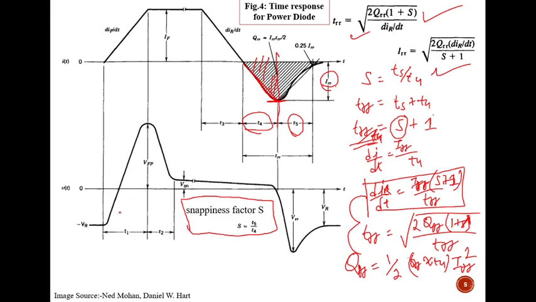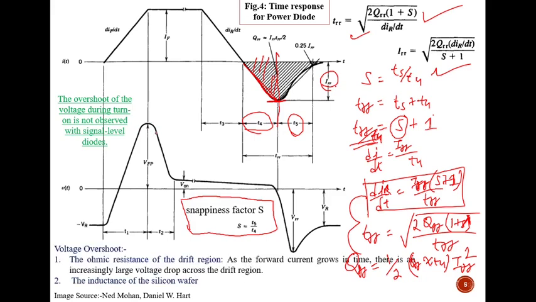One of the important questions is why this voltage spike, this voltage overshoot, comes. Always remember, this will not come in the signal level diode. This will come with the power level diode only. So what is the reason for the voltage overshoot? The first reason is the ohmic resistance of the drift region, and another is the inductance involved in the silicon wafer.